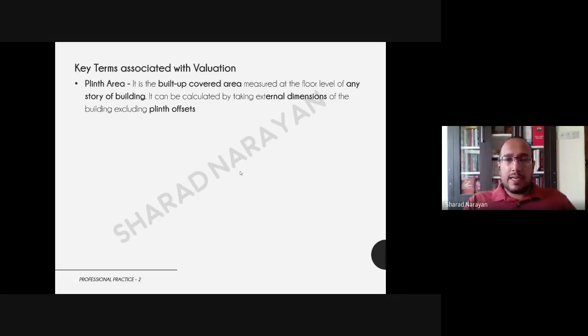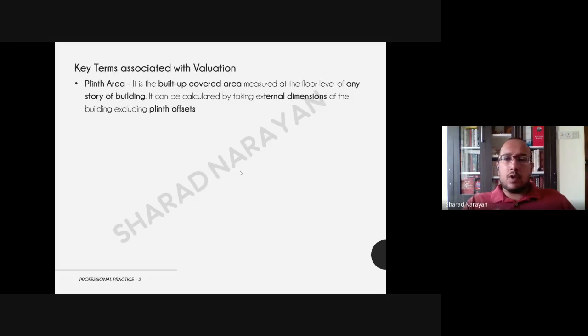So it is the built-up covered area measured at the floor level of any story of a building. A plinth area can be applicable not just on the ground floor, but also on the first floor. There is a misconception that, let's say, if you have around 40% of ground coverage, only 40% can be considered as plinth area. But that does not take into consideration where you completely eliminate the ground floor in a particular structure.